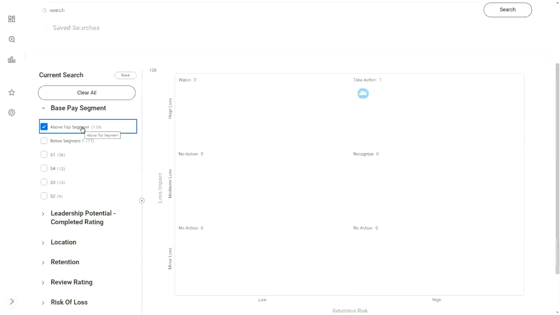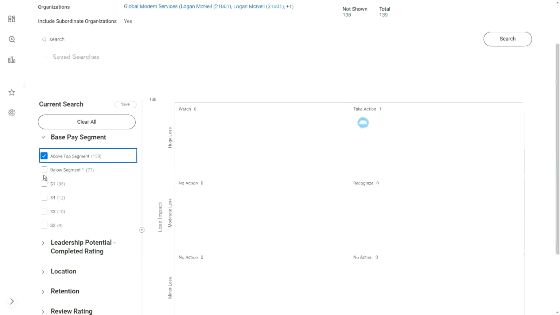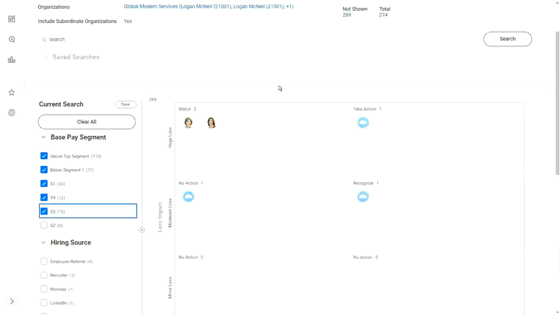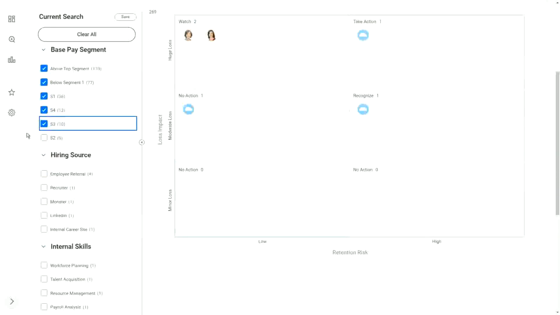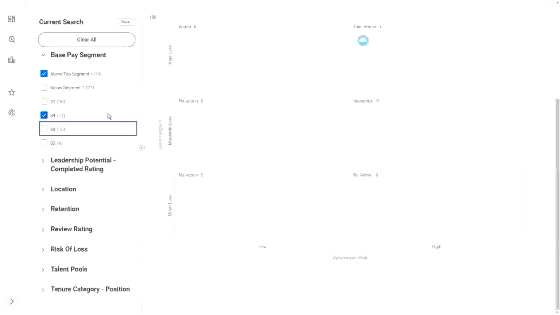Okay, let me select everything. Not shown. 139, not shown. Let me select everything. Okay. Yeah, for some reason, this report is not behaving as it should be.